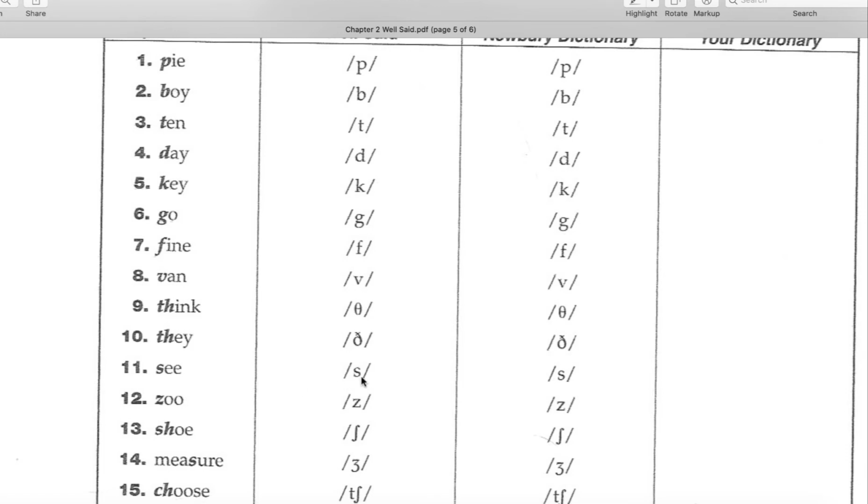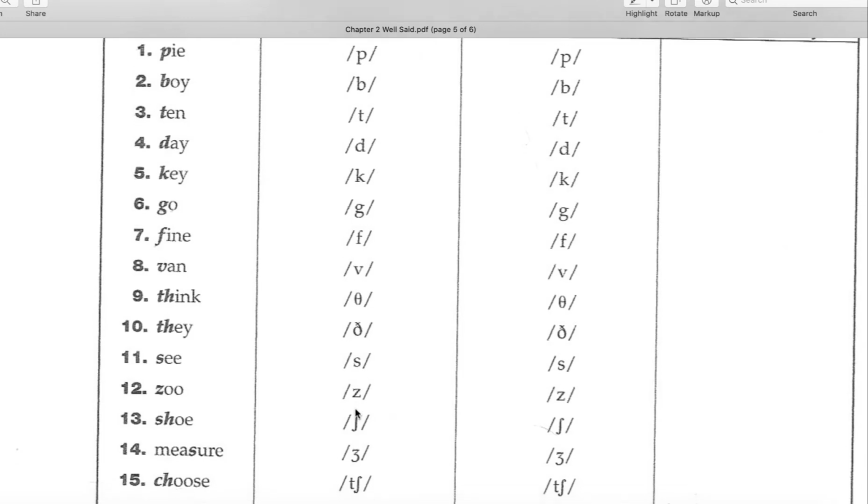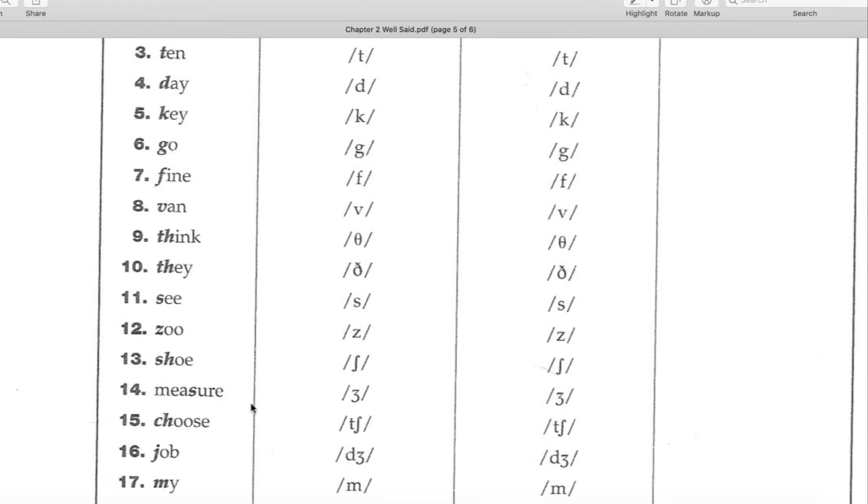Then we come down to the S, which is the normal expectation of the S, and then Z for Z. But then it starts to change again because the SH sound in English, now I should say the SH spelling in English, can represent many different sounds.